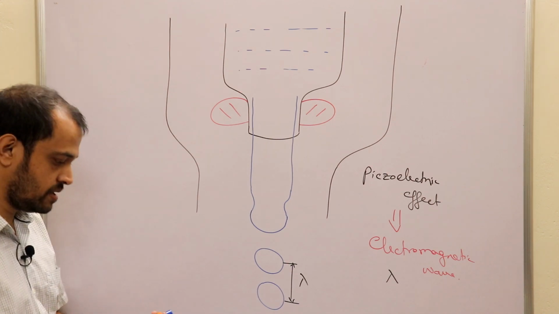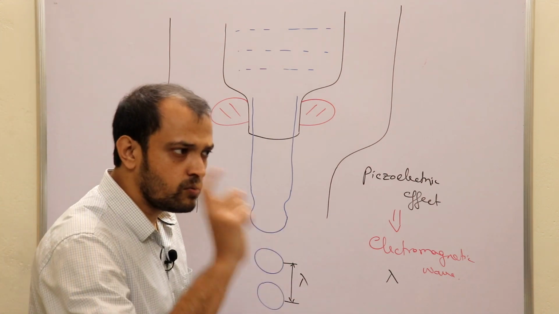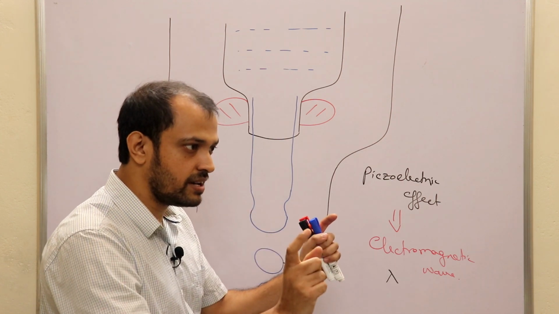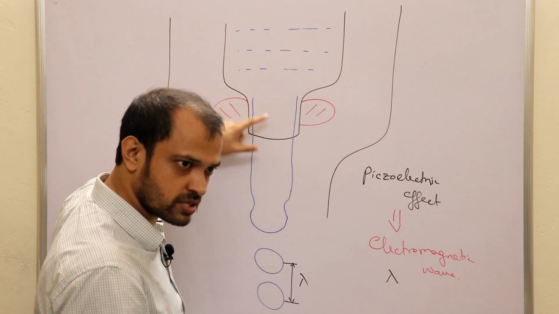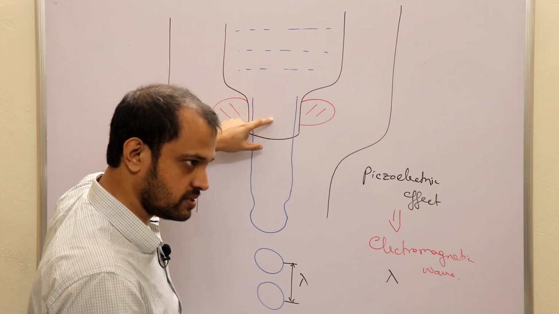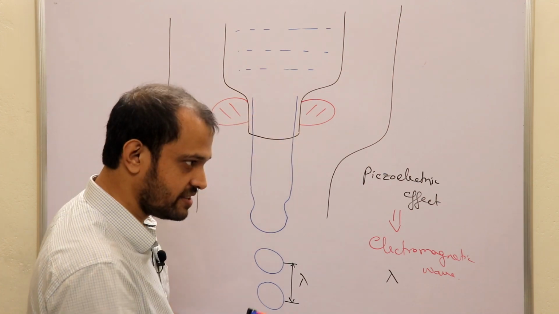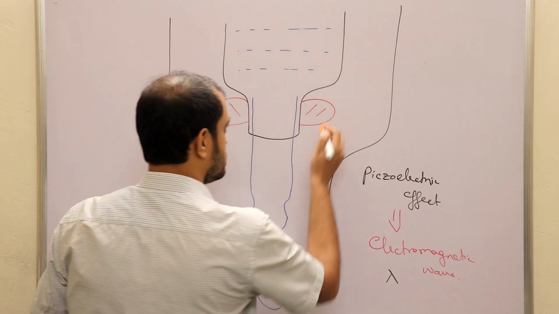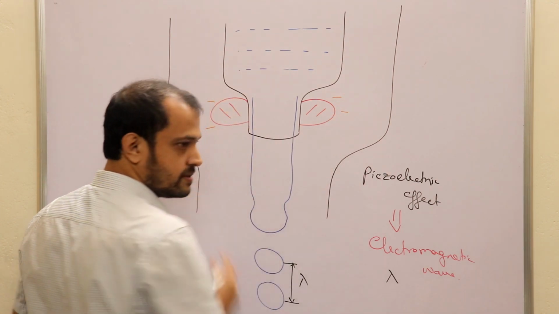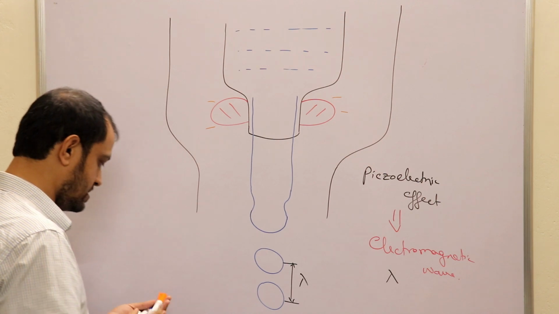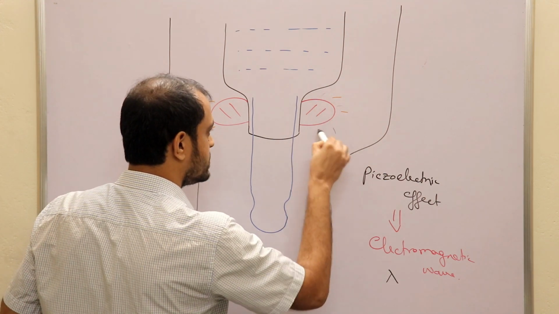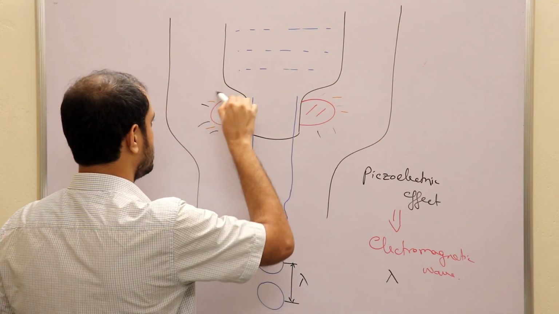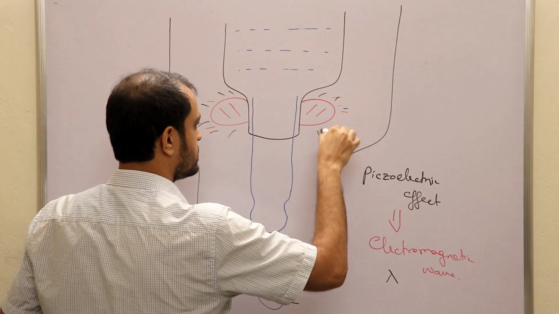Now, where was the vibrator activated? The vibrator was activated in this portion. This is the portion where the vibrator was activated, right? That means the vibrator is activated here.